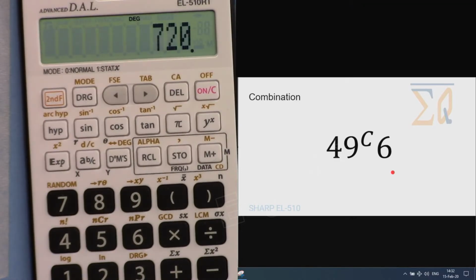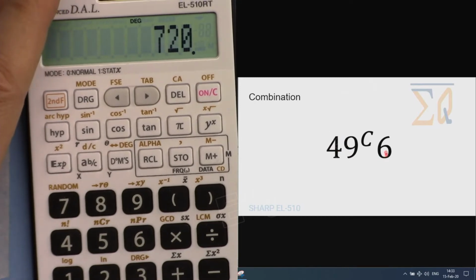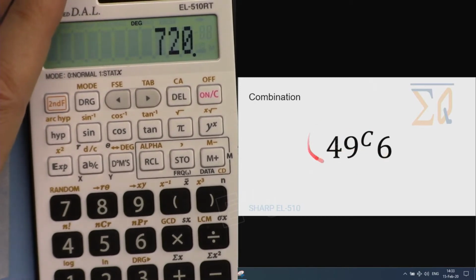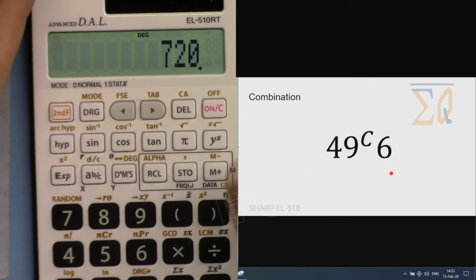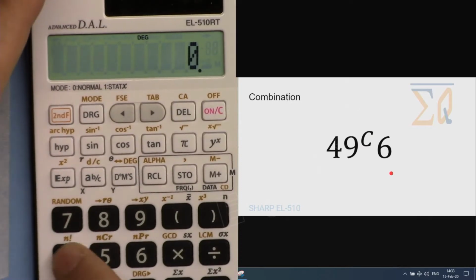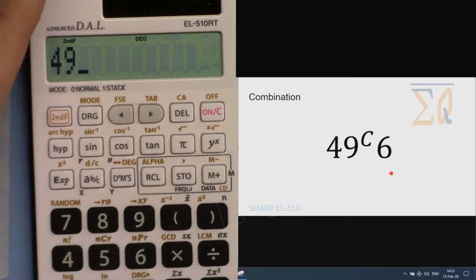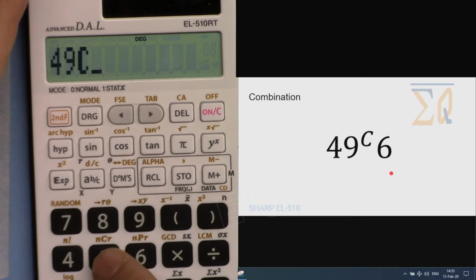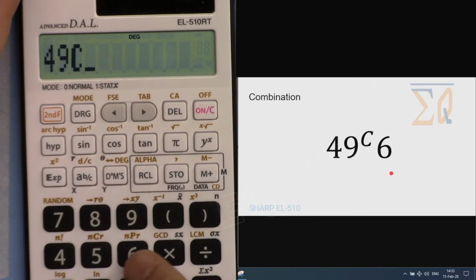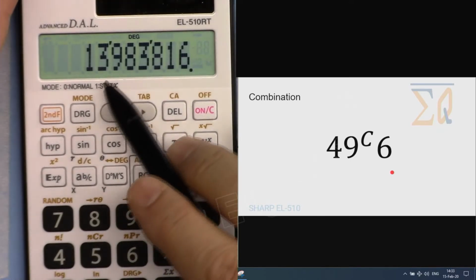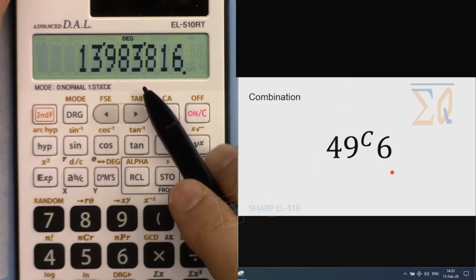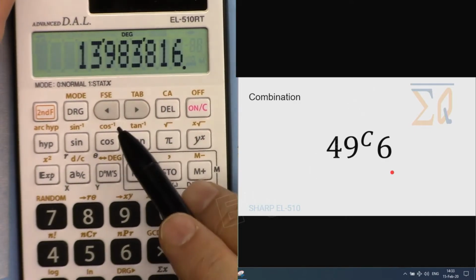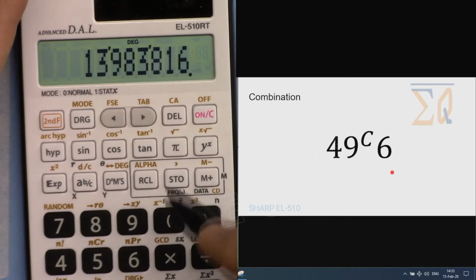Now let's say you want to see the combination or chance of picking 6 out of 49, which is now used in lottery. You will see that chance. So 49 second function and this C, this with a 5 second function, and 6. Now it shows 13.9 million, which means 1 in 14 million is the chance. So you see how low the chance of winning is.